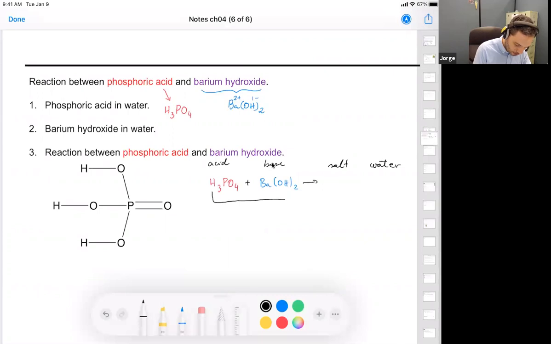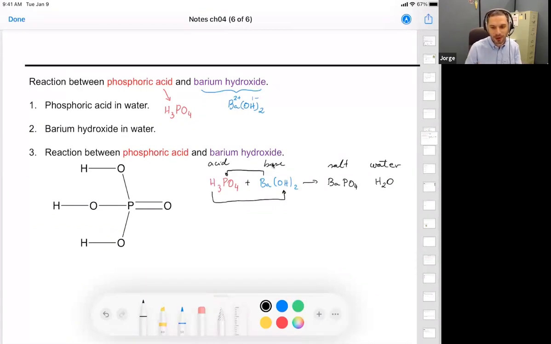Hydrogen will always combine with OH, forming water. And in exchange, barium is going to combine with phosphate. And that will produce a salt, BaPO4.